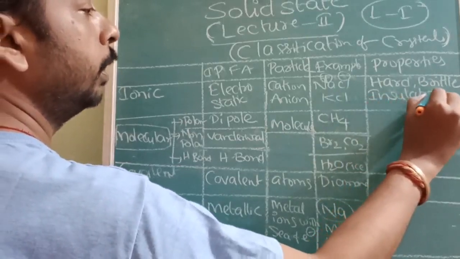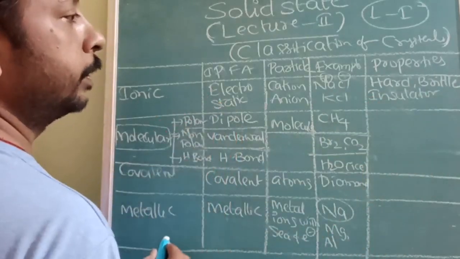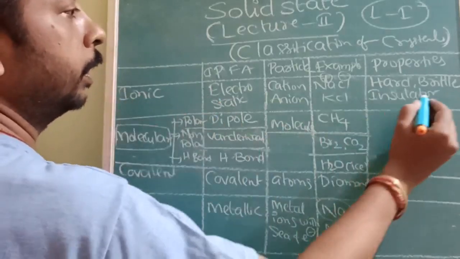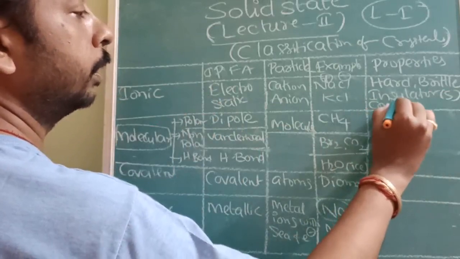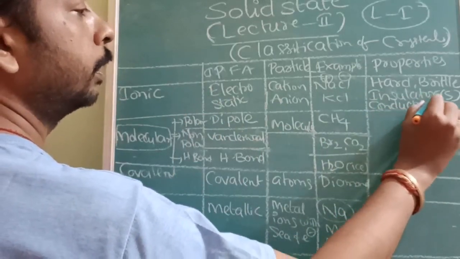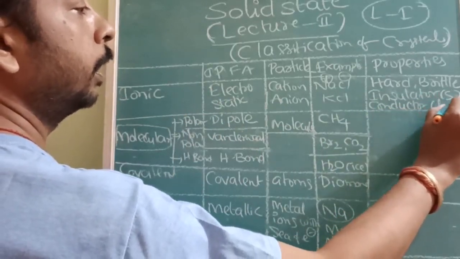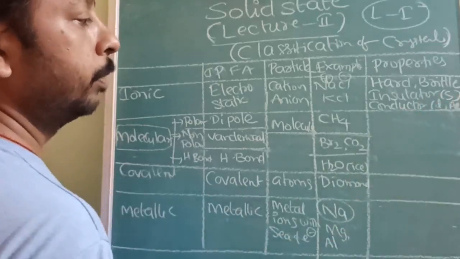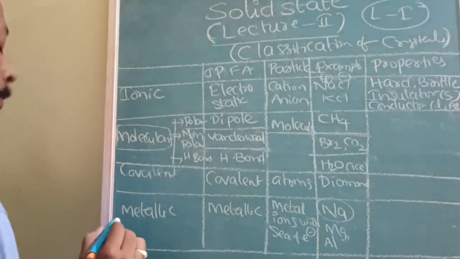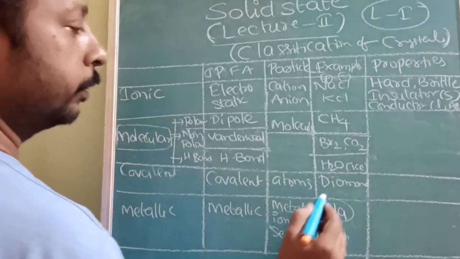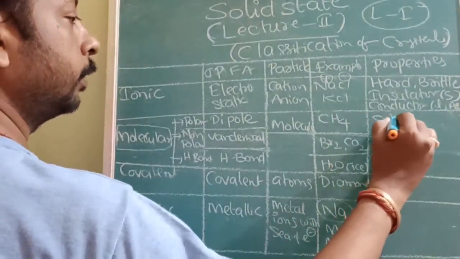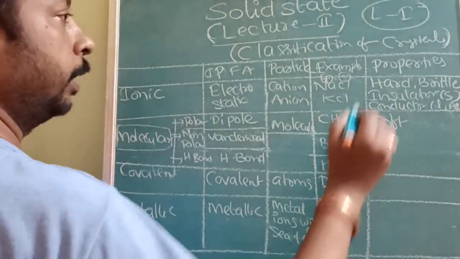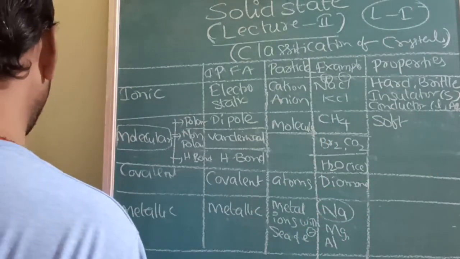The question is, if they contain charge they should be conductors, but they are insulators in the solid state, and conductors in liquid or molten state. Molecular solids, except diamond, all of them are soft. What should I write here in place of hard?